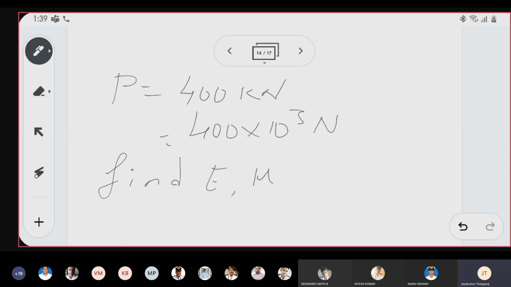Then strain is del L by L. You know del L is 0.75.